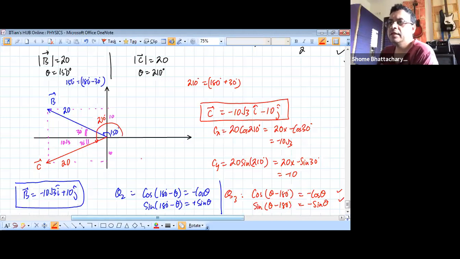Yeah, so Tej, what I was saying is that by looking at this example, you can understand the logic behind this formula. In second quadrant, the formula is we write cos of 180 minus theta is minus cos theta and sine of 180 minus theta is plus sine theta. Because in this example, you can see, for example, 150 is 180 minus 30. So that's why your cos 150 becomes minus cos 30 and your sine 150 becomes plus sine 30.